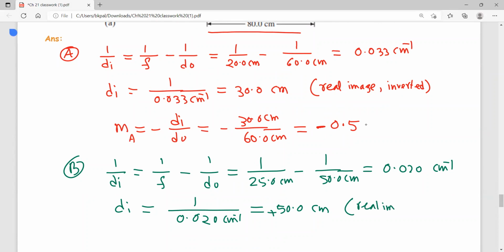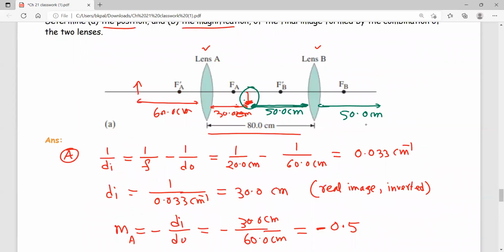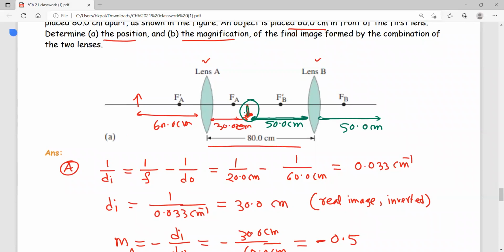We get 50 centimeter with a positive sign, and this tells us that the image will again be a real image, and inverted with respect to the object. Because this is inverted, one more inversion means the image is something like this, inverted with respect to this one. The image will be something like this.